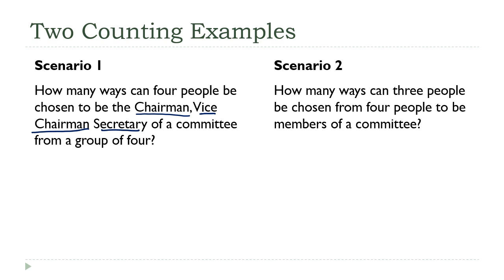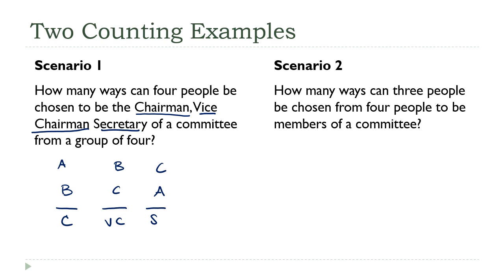The first scenario is a case where the order makes a difference, because when you think of these little lines, like we did with the multiplication rule, I'm labeling them: this one is the chairman, this one is the vice chairman, and this one is the secretary. So if I do Alice, then Bob, then Charlie, that's a different arrangement from Bob, then Charlie, then Alice. The order I pull these people out and assign them to positions makes a difference.